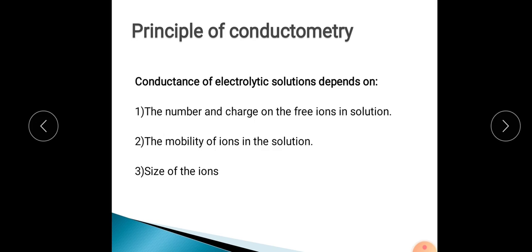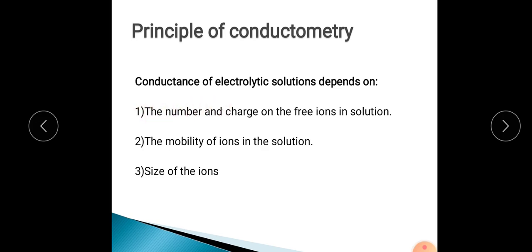The conductance of the solution depends on the number of ions present in solution and the charge present on these ions. The conductance is also affected by the mobility of these ions in the solution, and also by the size of these ions.